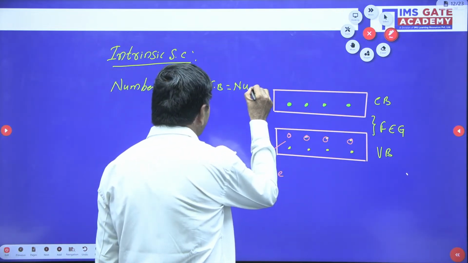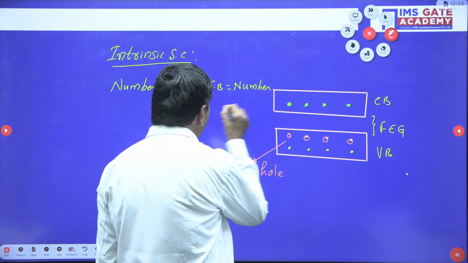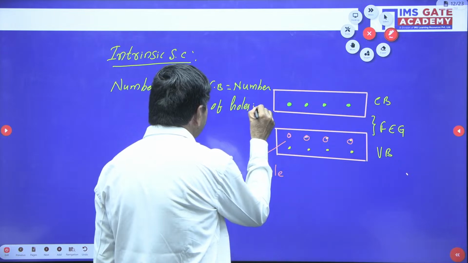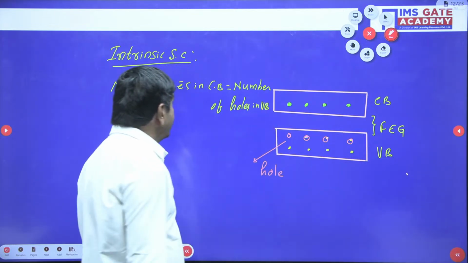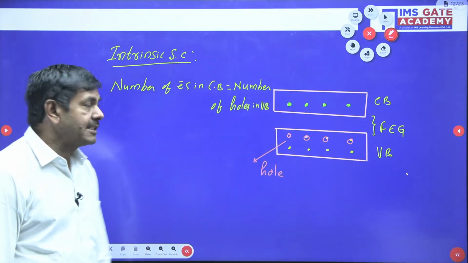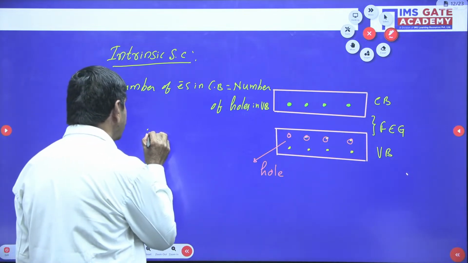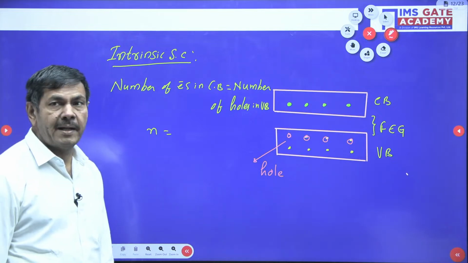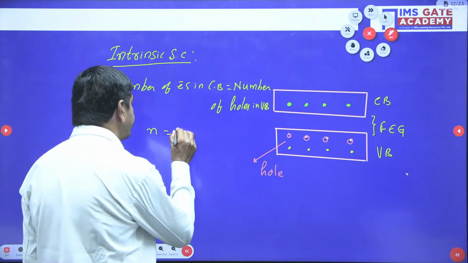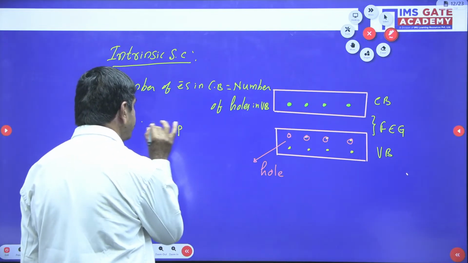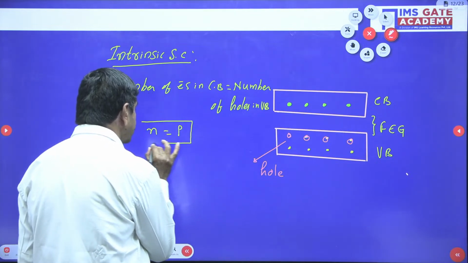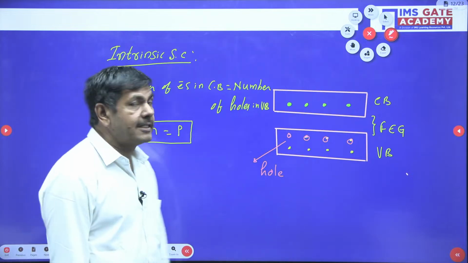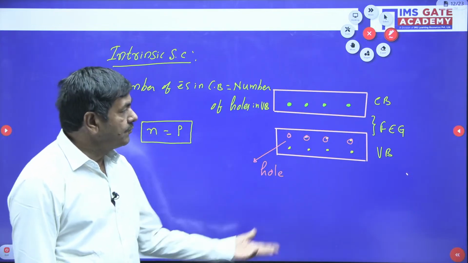The number of electrons in the conduction band is denoted by the symbol N. The number of holes in the valence band is denoted by the symbol P. The concentrations N and P are equal in an intrinsic semiconductor. So you followed here now.